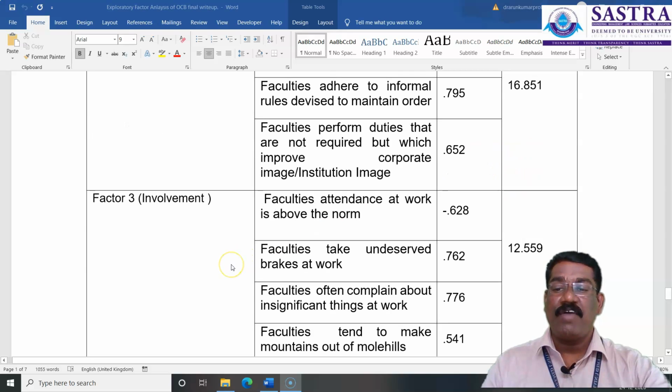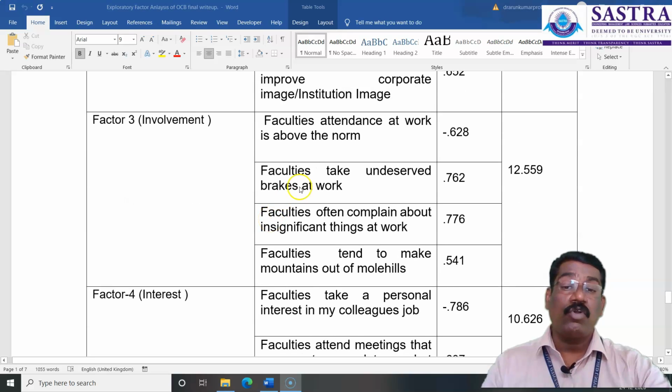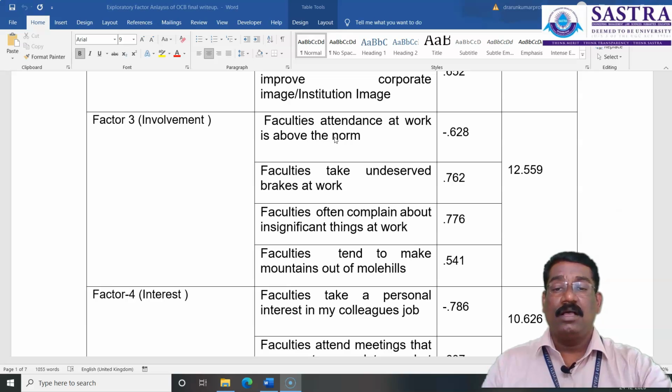So similarly, we have factor 3, which we have named involvement, and we have 4 factors loaded. The variables with the respective factors and the respective values have to be posted here. Similarly, we pluck out the respective variance and put it here.